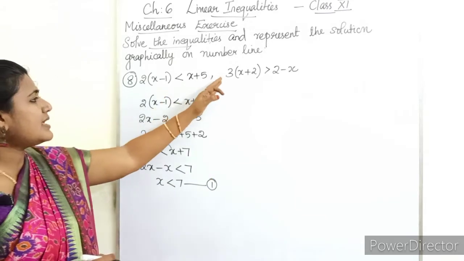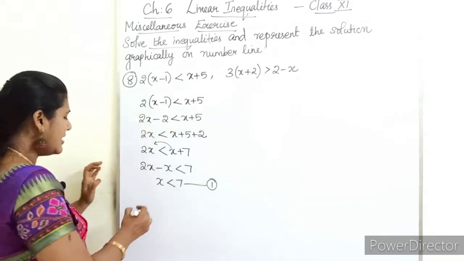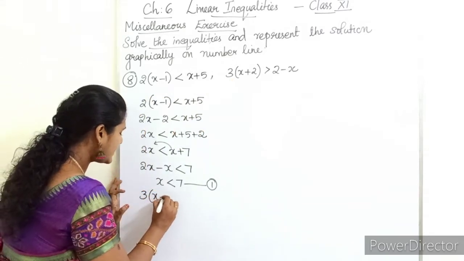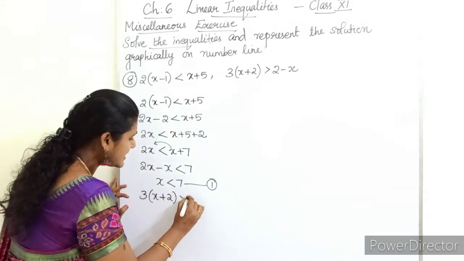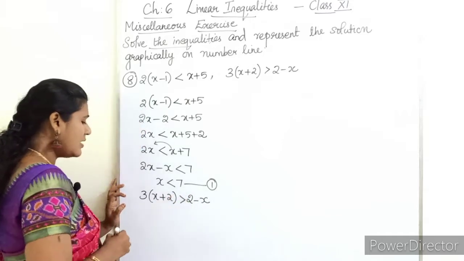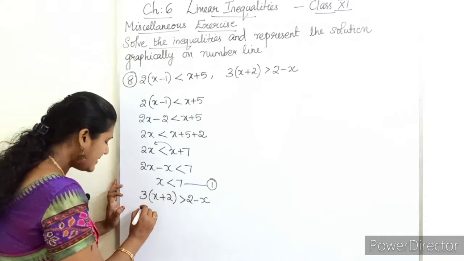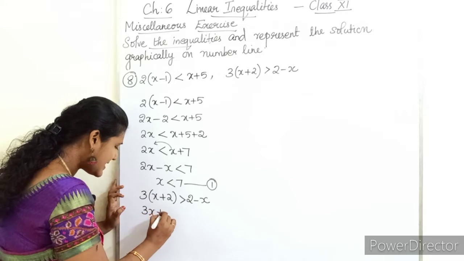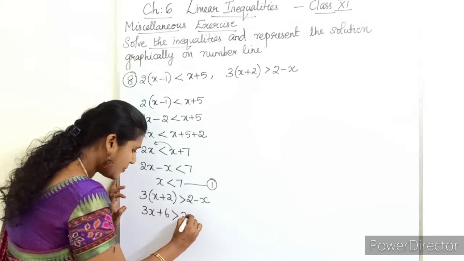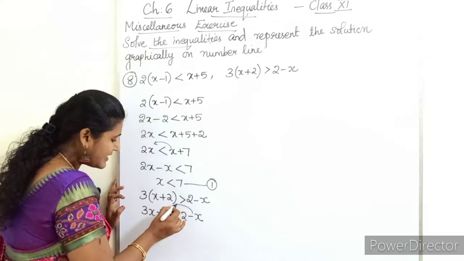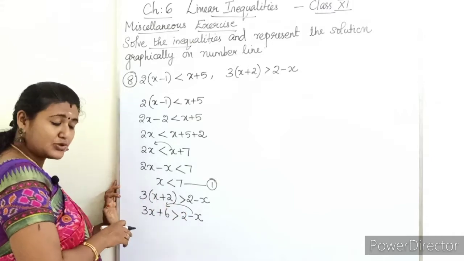Now similarly we will solve the second one, that is 3 into x plus 2 is greater than 2 minus x. First we will multiply by 3. So 3x plus 6 is greater than 2 minus x. We will take this minus x to the left side.